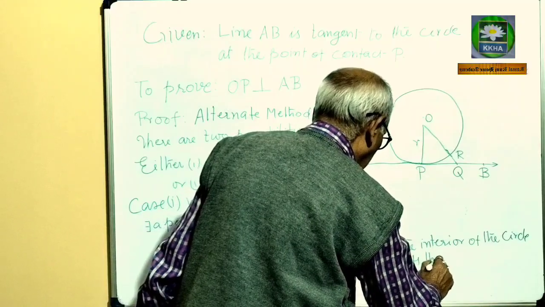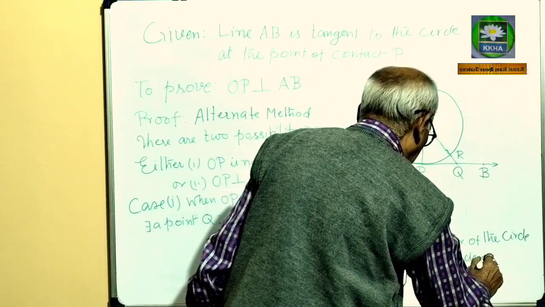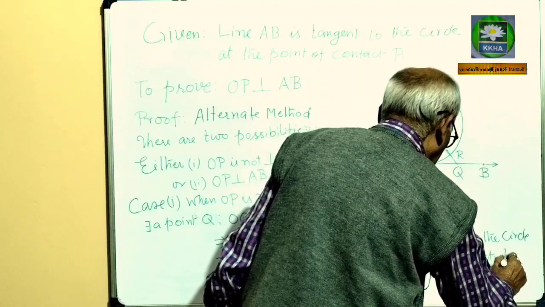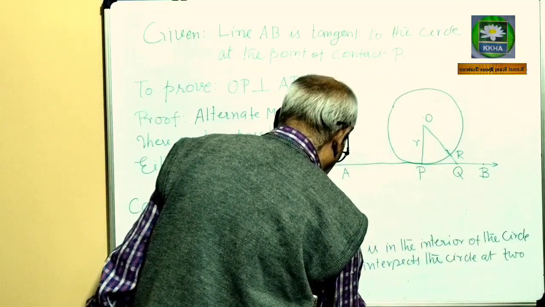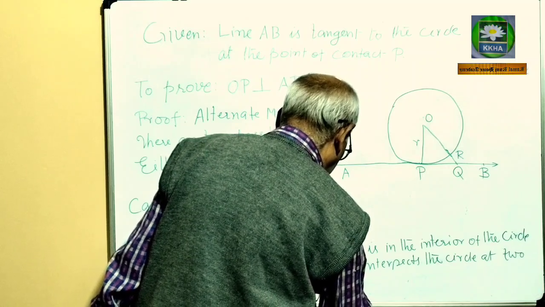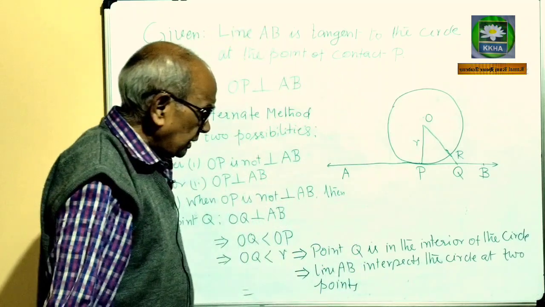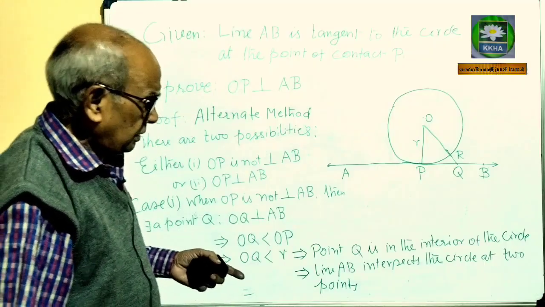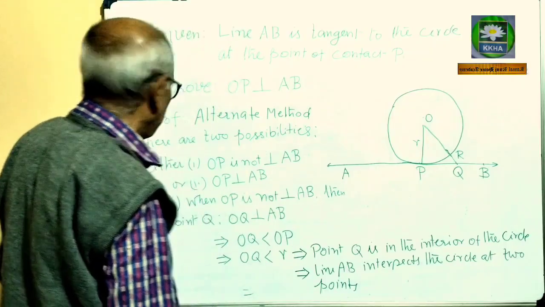Now, since line AB intersects the circle at 2 points, AB is not the tangent to the circle.